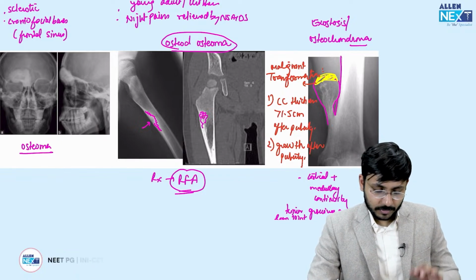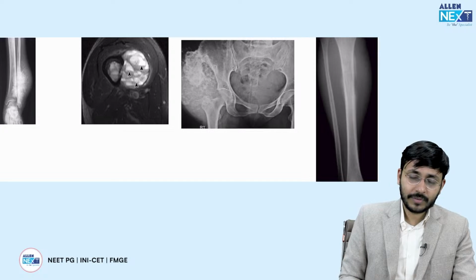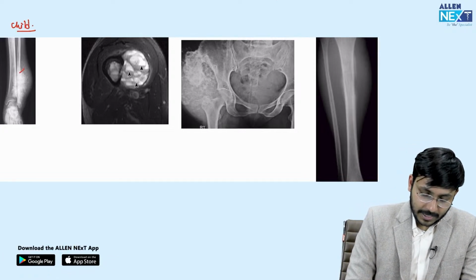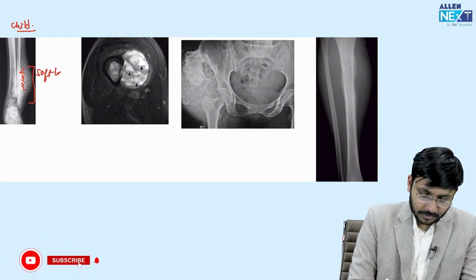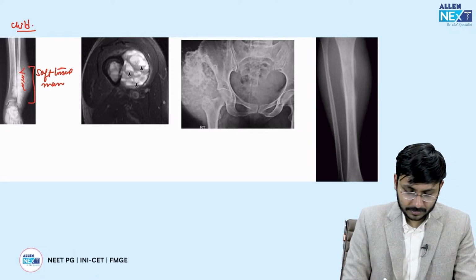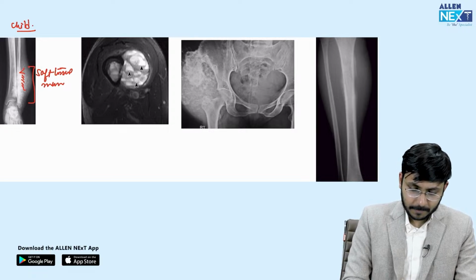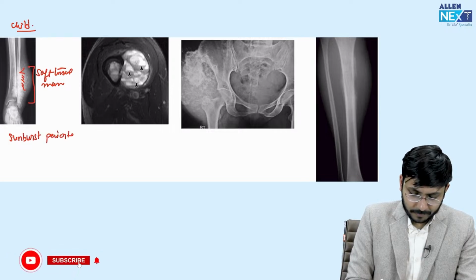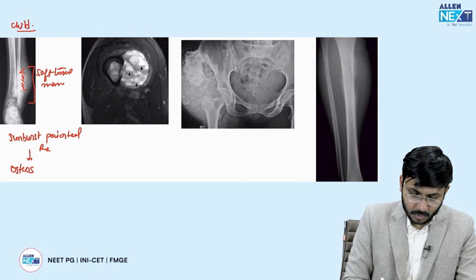Now another bone tumor, a malignant bone tumor involving children. So if it's a child with a malignant bone tumor, and you see a large soft tissue mass with this sunburst periosteal reaction, then the diagnosis is osteosarcoma.